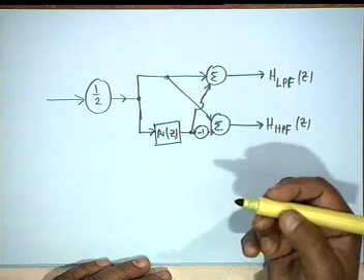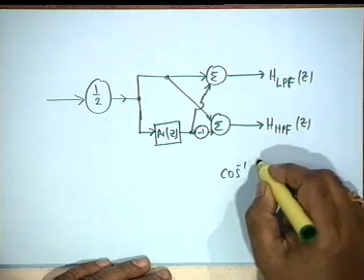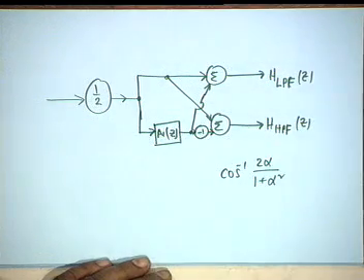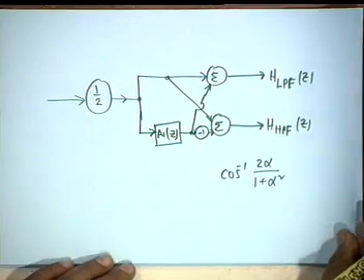Alpha changes the bandwidth, and if you remember, the bandwidth is cosine inverse of 2 alpha divided by 1 plus alpha squared for both the channels, and therefore, for A1(z) a single multiplier lattice structure shall do, and this is available commercially as a programmable chip. Programmability only involves changing the bandwidth, the alpha.